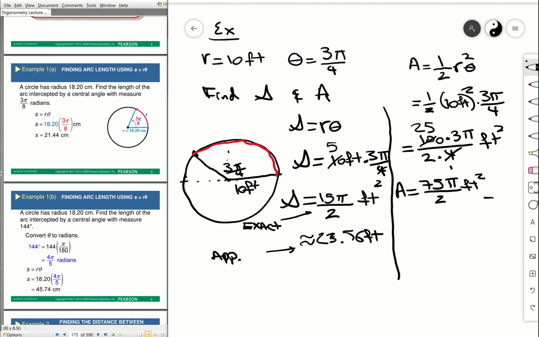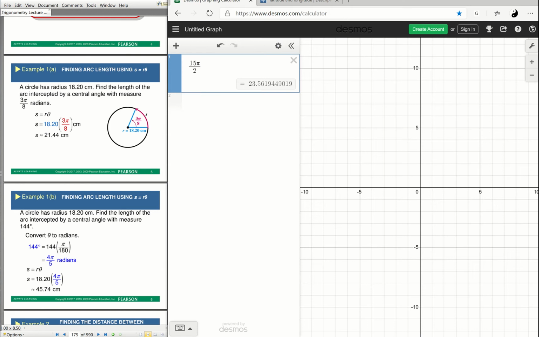Once again, that's the exact value of the area. Why? Because we did no rounding. We can also, again, for practical purposes, go ahead and get an approximate value. So this time we're going to calculate 75 pi over 2. We just type in 75 pi over 2.